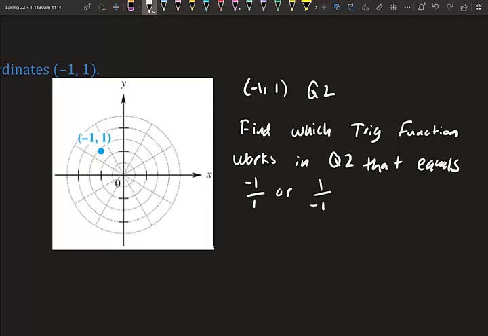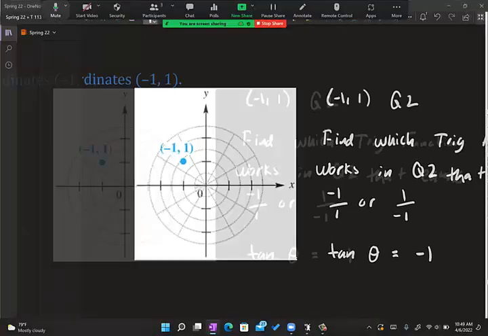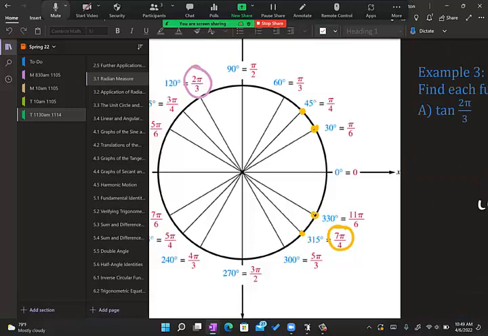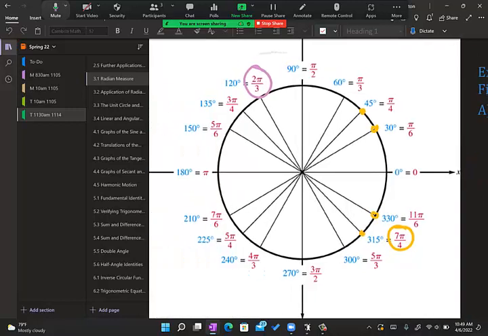So we'll go back to a unit circle in a second. We're looking for a tangent theta that equals negative 1. So if we go back to our unit circle, in Q2, looking over here, oh, that doesn't have radians.